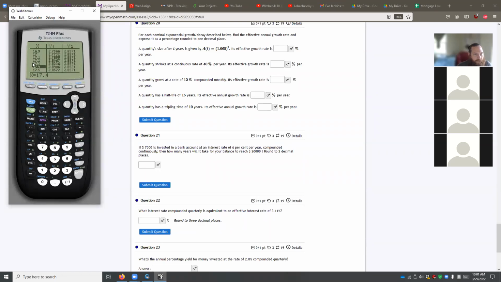So I'm going to refine my guess, setting the table start to 17.4, and I'll go up by 0.01. Again, looking for the place where the y1 and y2 columns are equal. So again, between 17.49 and 17.5.